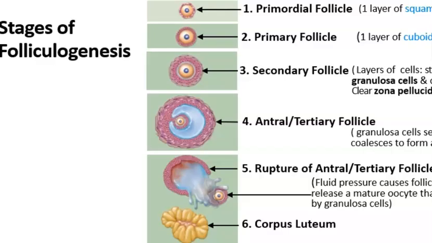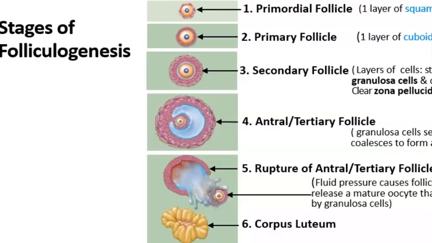During fetal development, only 2 million survive all the way until the time of birth. So the other 5 million or so have undergone a process called atresia, which is a process of programmed cell death. They essentially degenerate and they're not maintained in the ovary. But the remaining 2 million survive at the cortex of the ovary.